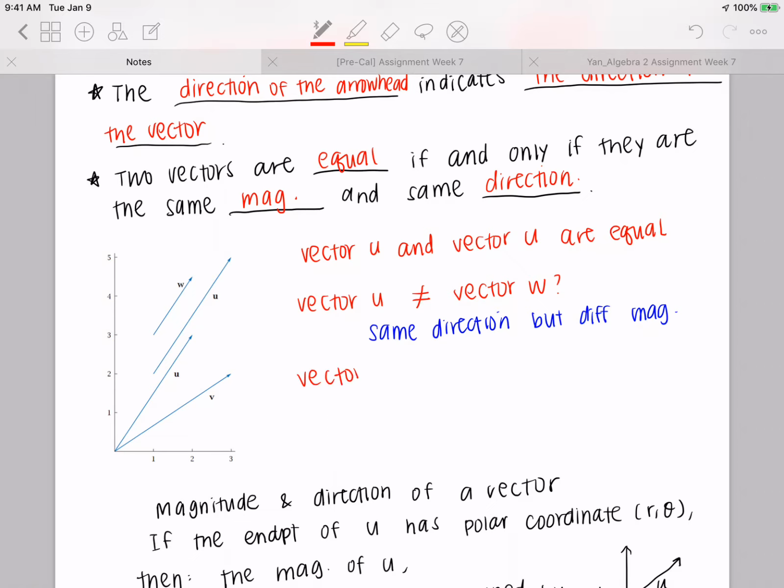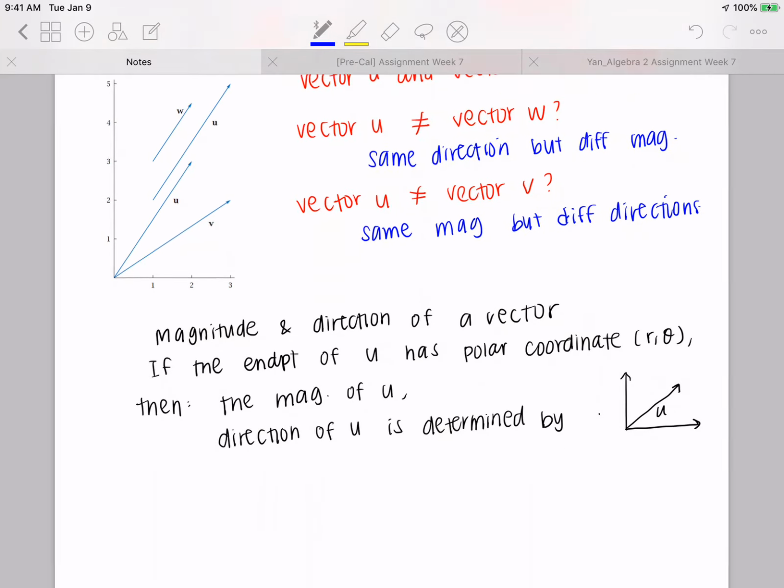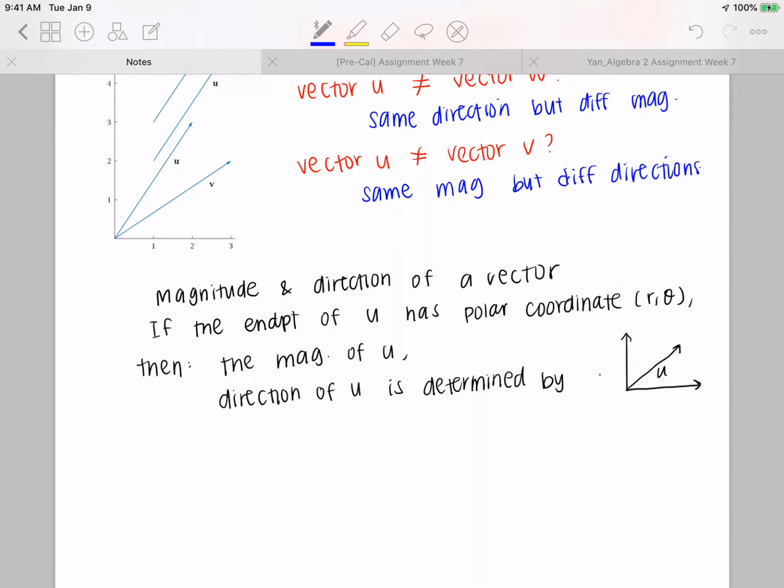How come vector u is not equal to vector v? Also pretty obvious, this one has the same magnitude, but different directions. Okie dokie.